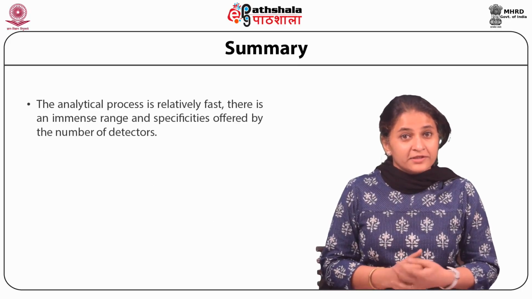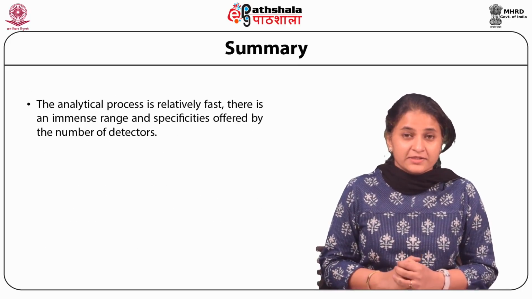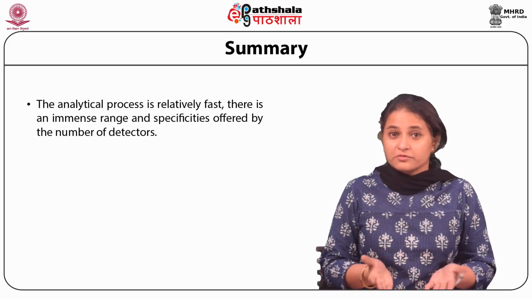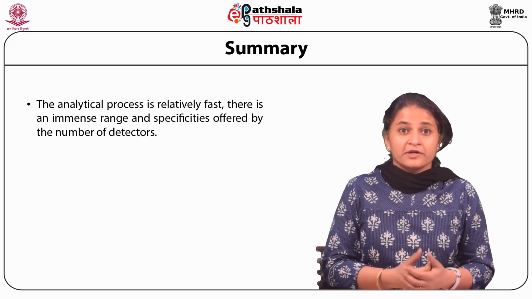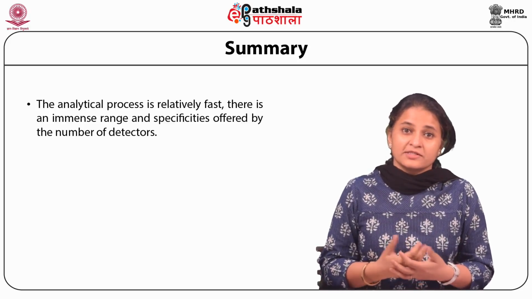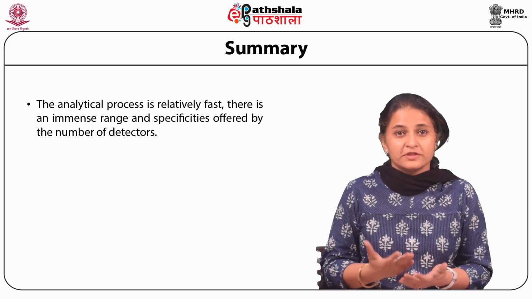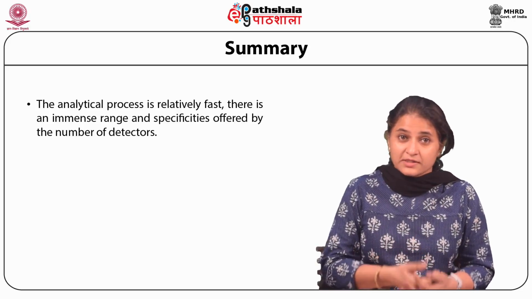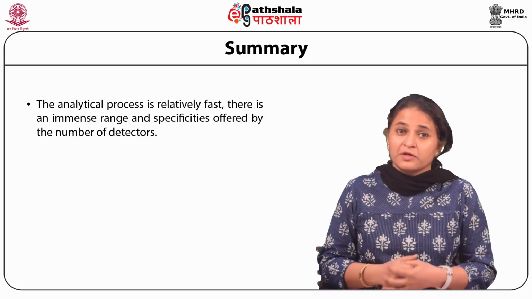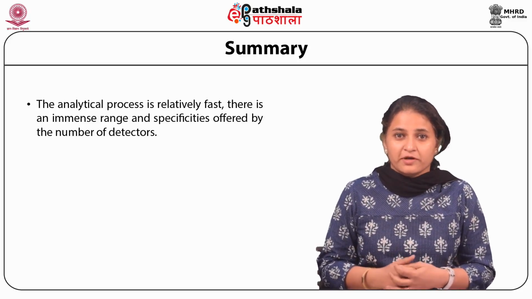Further, the analytical process is relatively fast, and there are a number of detectors that can be combined with the columns available that offer a very high level of sensitivity as well as specificity. And of course, we've seen that the detectors can be either mass or concentration sensitive, with varying sensitivities from picograms to femtograms.